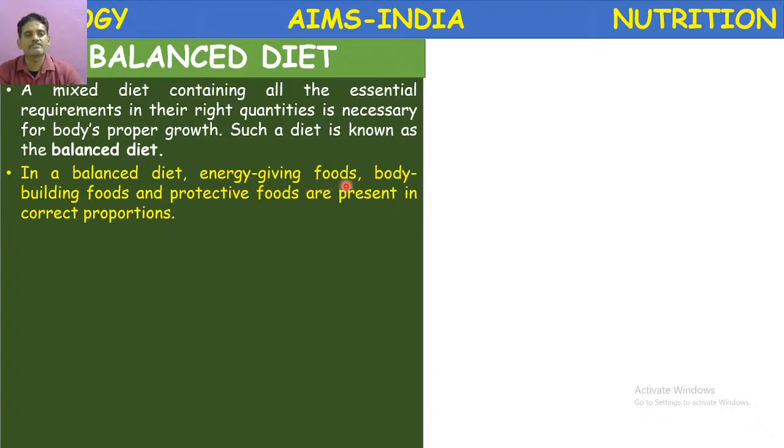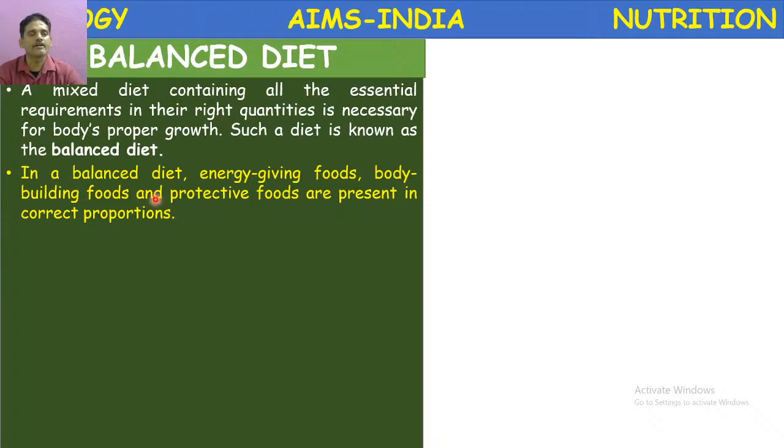Energy giving foods. What are energy giving foods? Carbohydrates and fats. And bodybuilding foods. What are bodybuilding foods? Proteins. And protective foods. What are protective foods? Vitamins and minerals are present in right proportions, or correct proportions, how much it is required. Okay, that much is present.